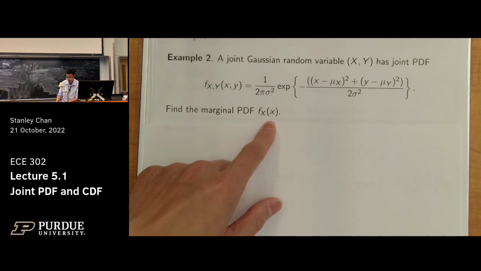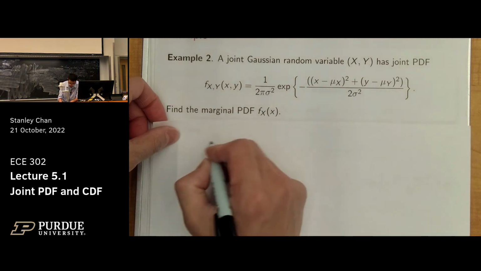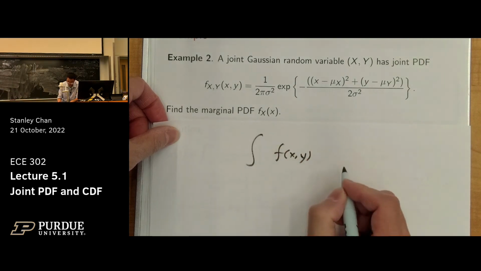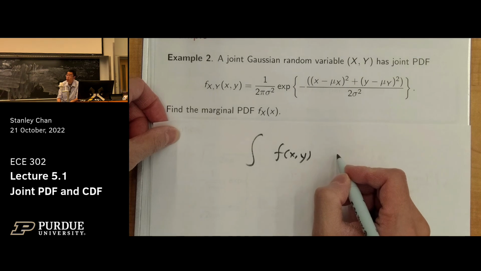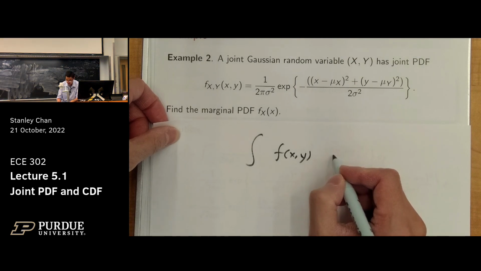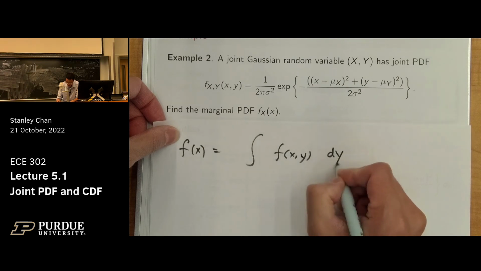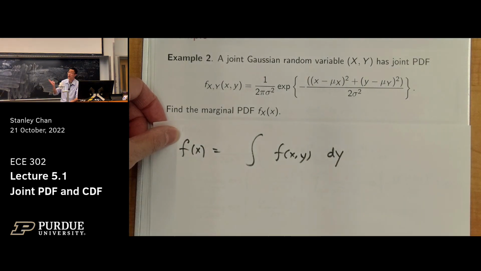Find the PDF of x. This is f_XY. You integrate with respect to y, because I want to find f_X, and I have f_XY, so I integrate using dy.